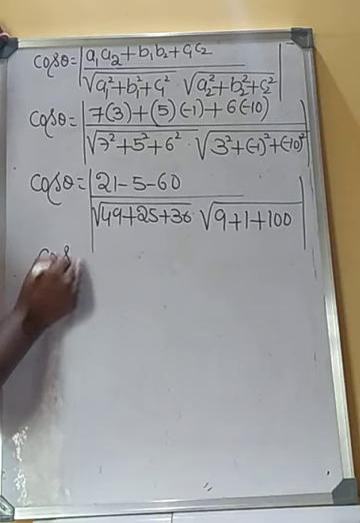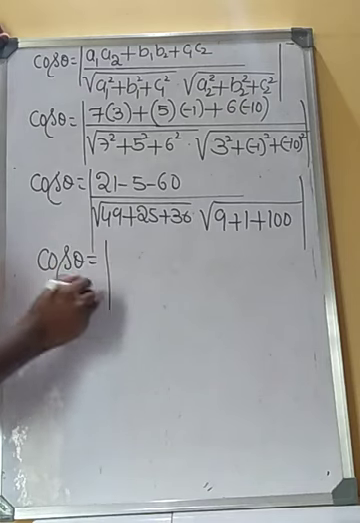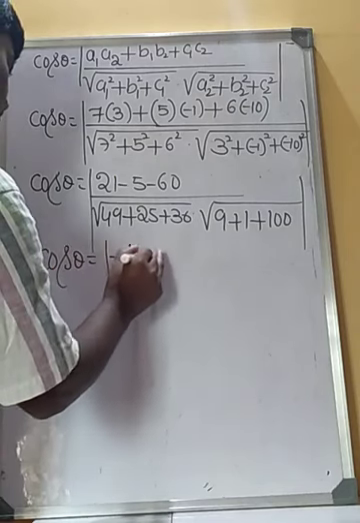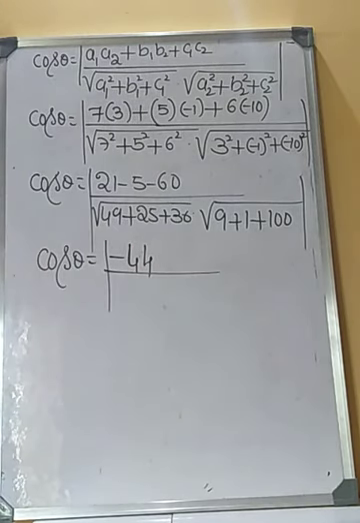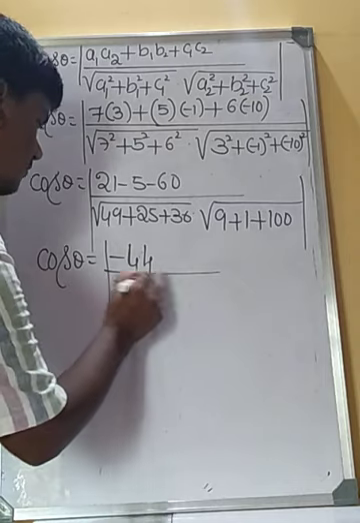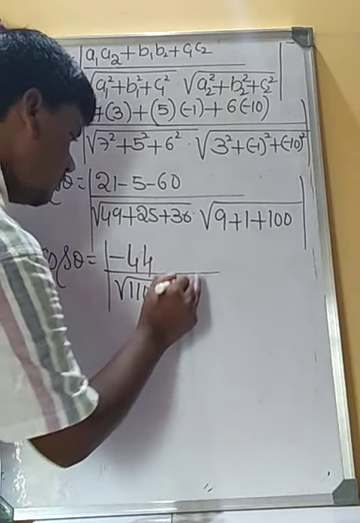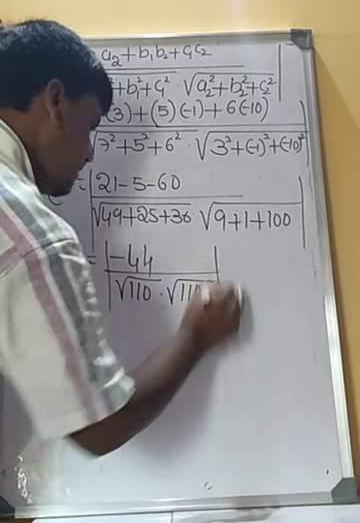Therefore, cos theta is equal to minus 44 dividing by root of 110 into root of 110.